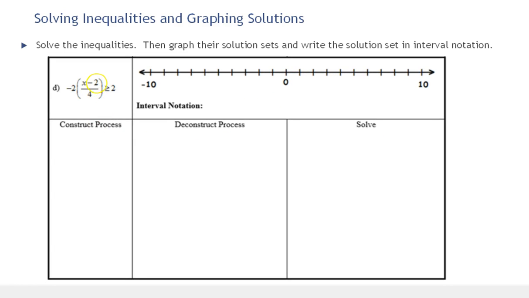Okay, let's look at our construction process. So we're going to start with x and decrease by 2. So x is decreased by 2. Then that was a difference, so the difference is divided by 4.